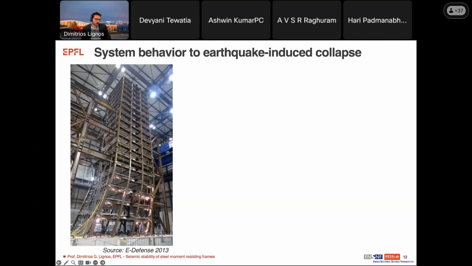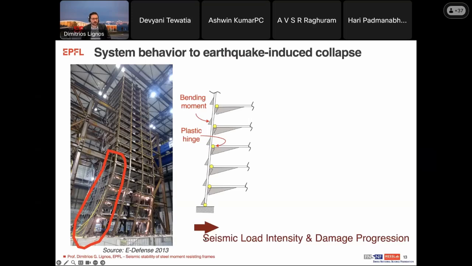So columns, of course, as I said, we try to protect them, but if you're looking here at one of the tests on moment frames that has taken place in Japan about 11 years ago, usually moment frames will be vulnerable at the bottom stories. And if you keep track of what happens here at the bottom stories, when you have seismic loading coming in, we anticipate our beams to develop plastic hinges because we try to protect the column.